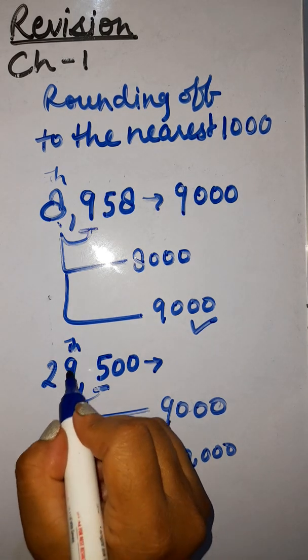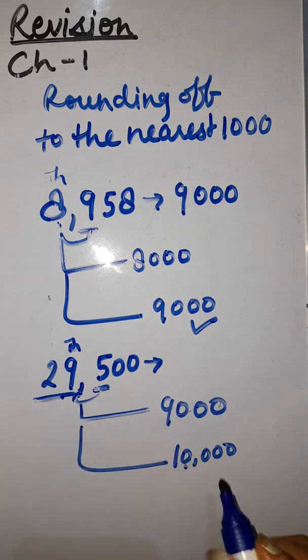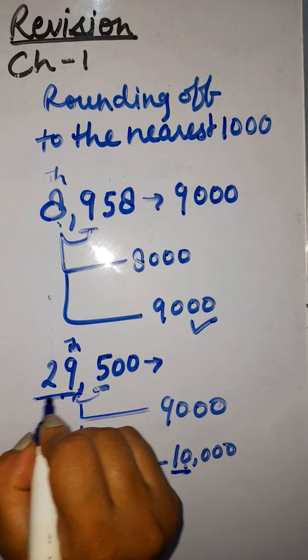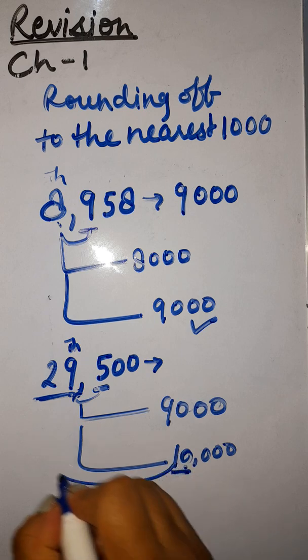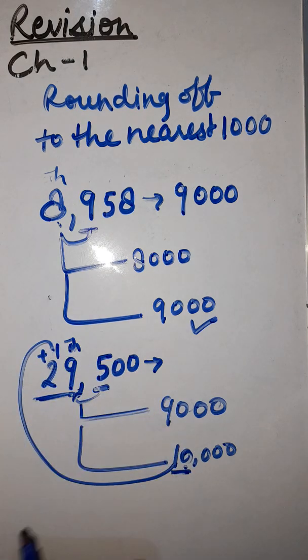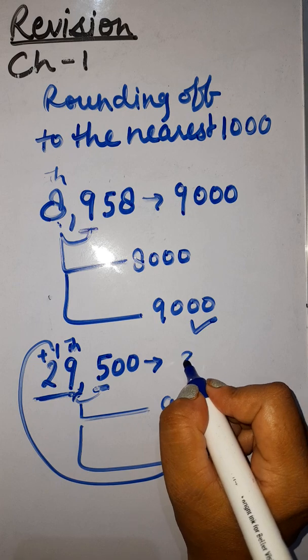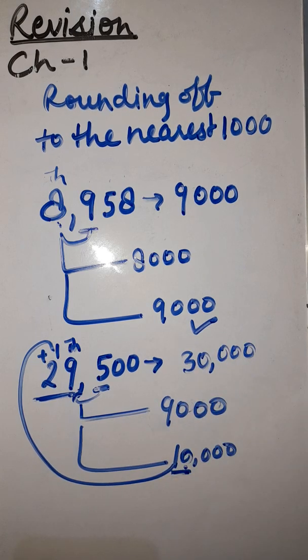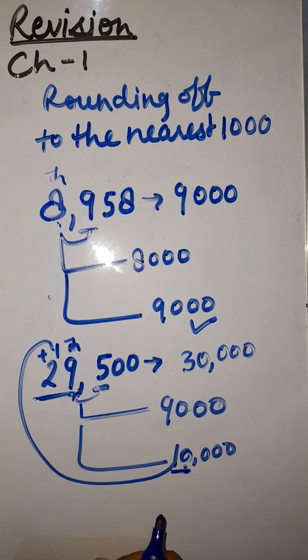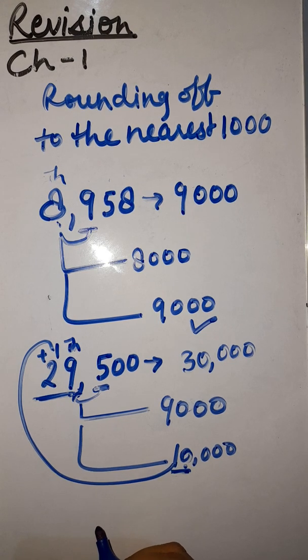So the 10,000 place is 29. 2 digits here, 2 digits here. So 0 will remain here and 1 carries over here. So it will become 30,000. Understood everyone? Like this, we can round off the numbers to the nearest 10, 100 and 1000 easily.